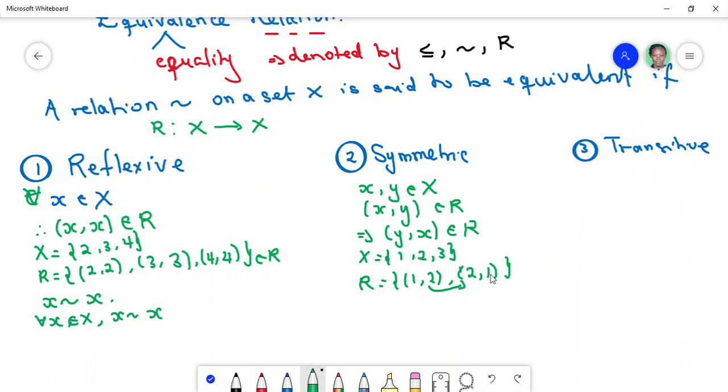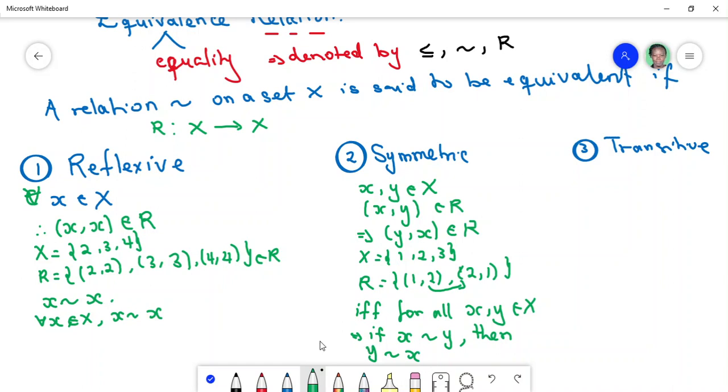So it is symmetric if and only if for all x, y in X, this implies that if x is related to y, then y is also related to x.